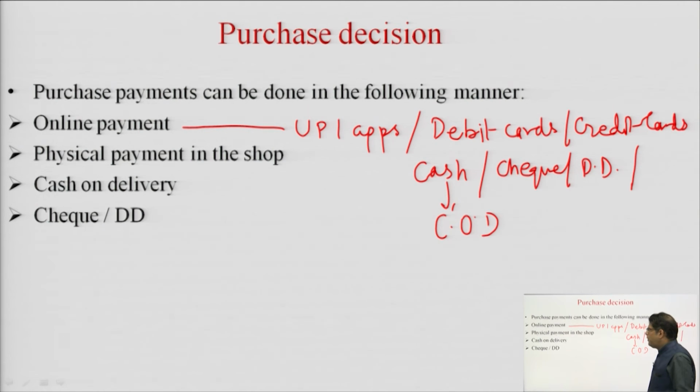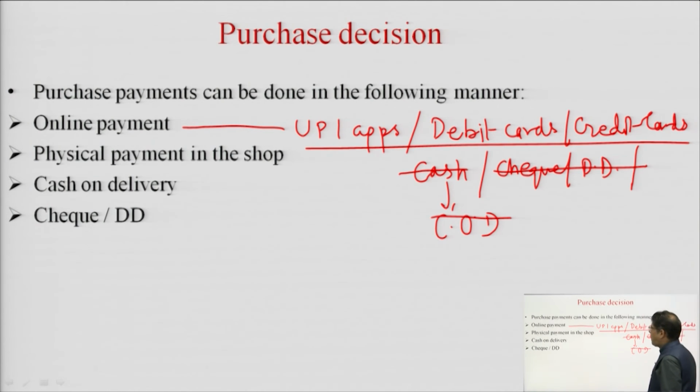So, these are the following ways in which online payment can be done. We'll cut out cash and COD here, we'll cut out check and DD. Online payment can be done through UPI apps, debit cards and credit cards.